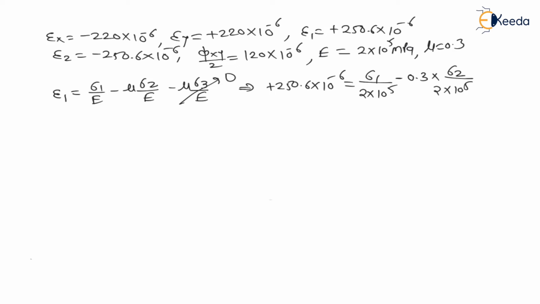From this you get one equation: 250.6 into 10 to the power minus 6 into 2 into 10 to the power 5 is equal to sigma 1 minus 0.3 sigma 2. This is your first equation.